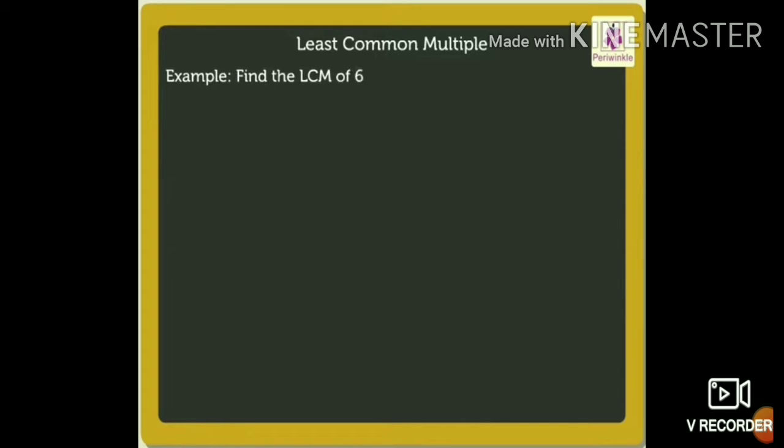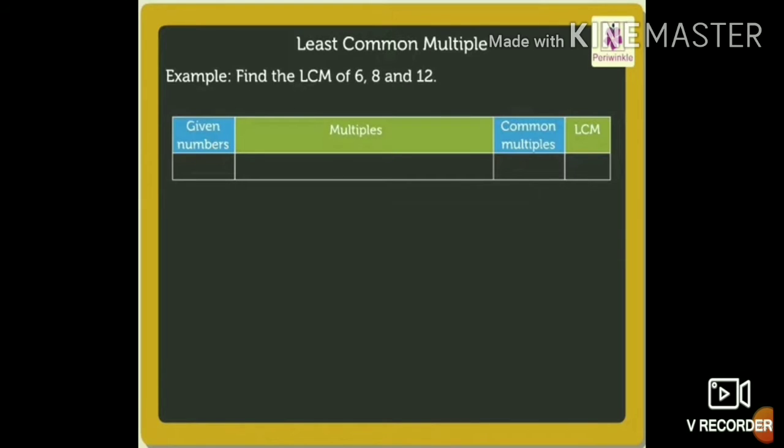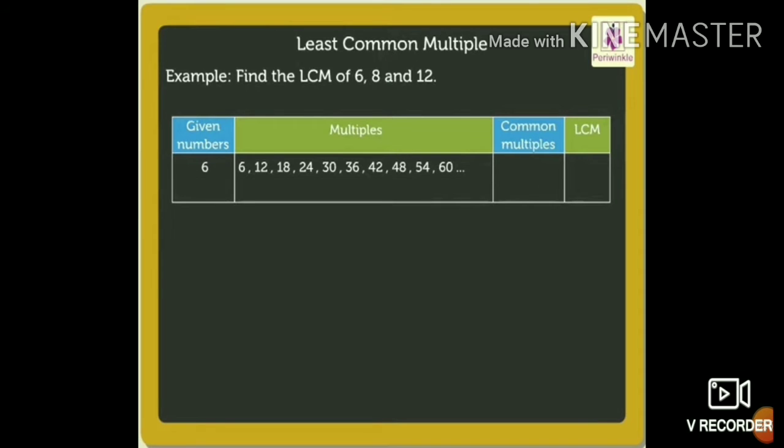I will take another example. Find the LCM of 6, 8 and 12. The multiples of 6 are 6, 12, 18, 24, 30, 36, 42, 48, 54, 60 and so on.